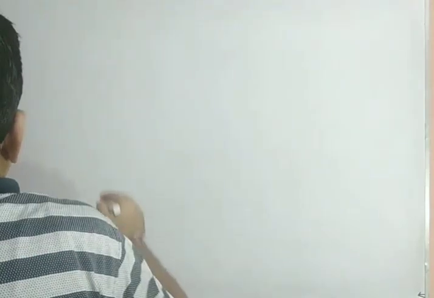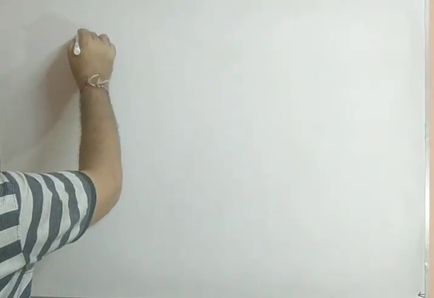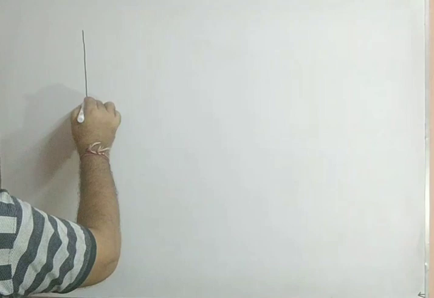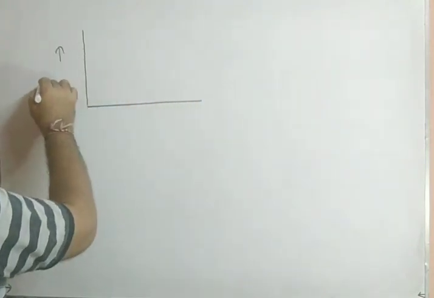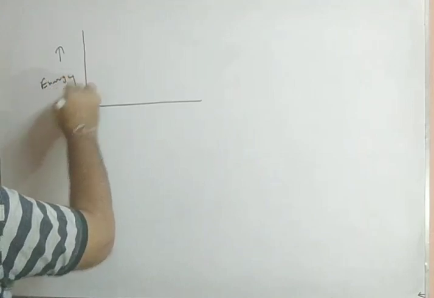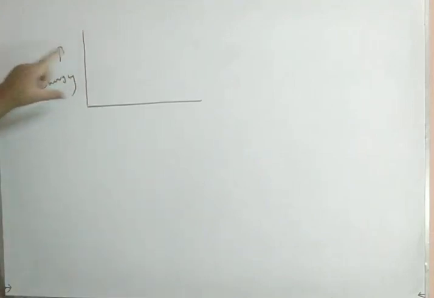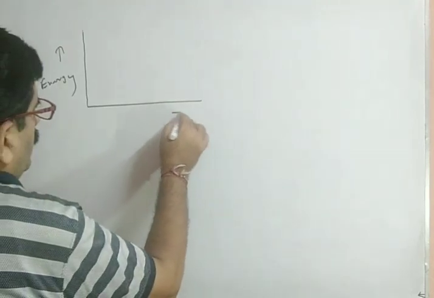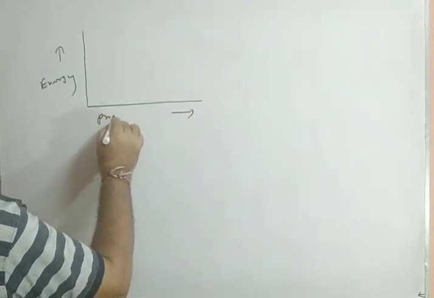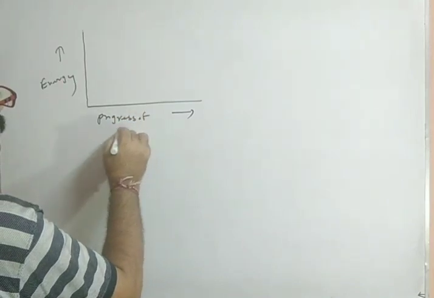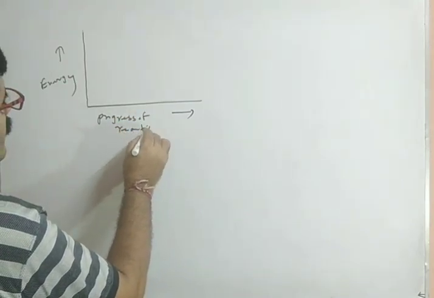We can draw the graph between energy and progress of reaction. That is, suppose in this axis, if we take energy and horizontal, we can write progress of reaction.